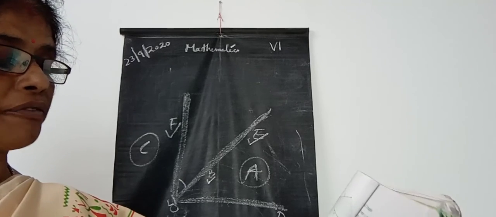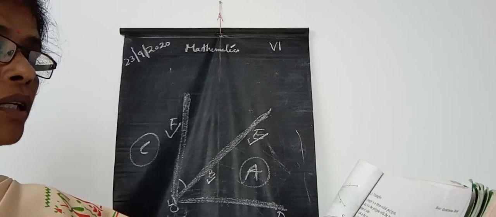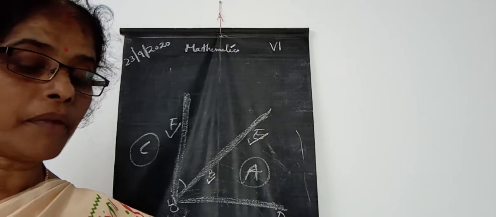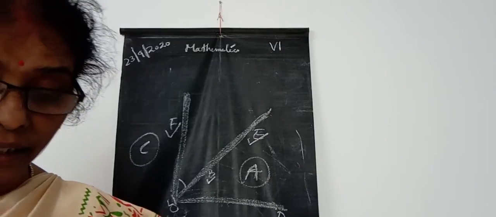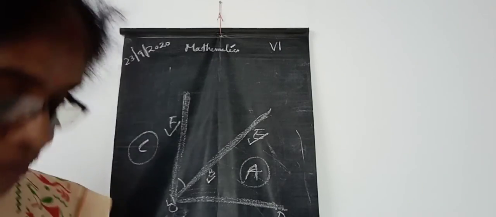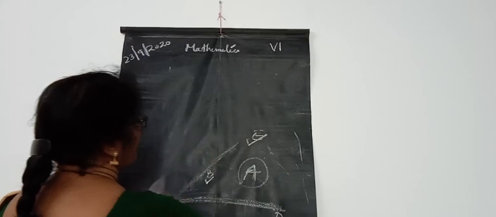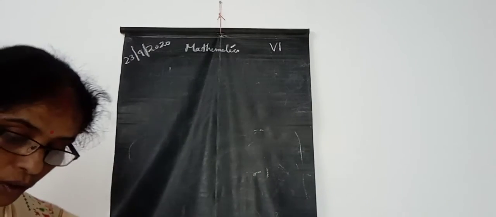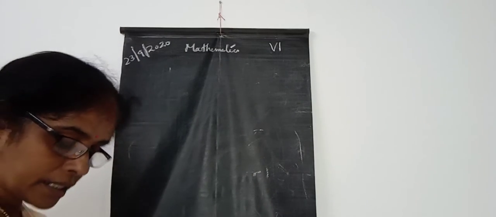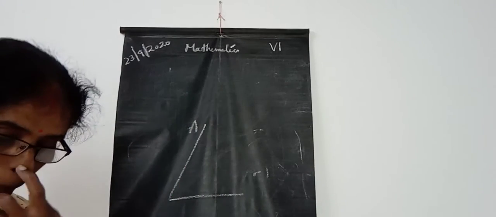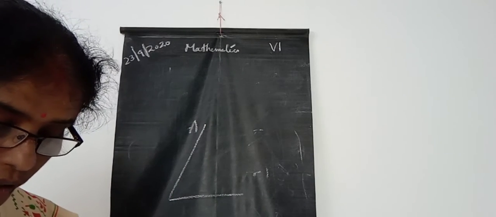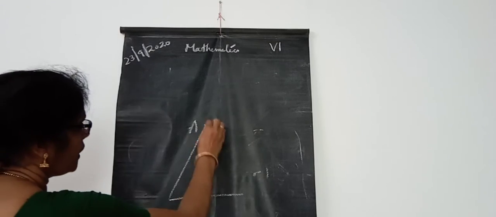Draw a rough sketch of the triangle ABC and mark point P in its interior and Q in its exterior, and say whether point A is in the interior or exterior. Draw a sketch of the triangle ABC.